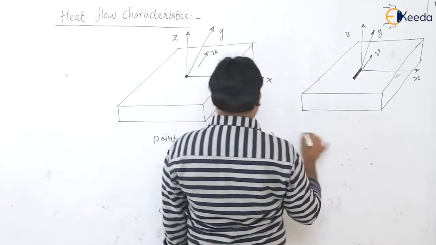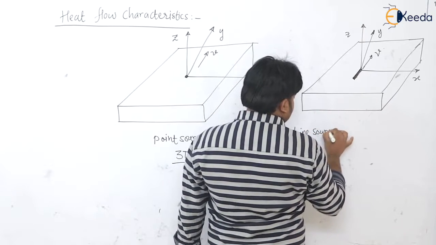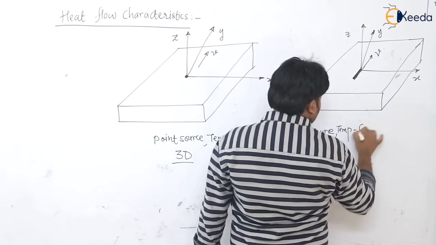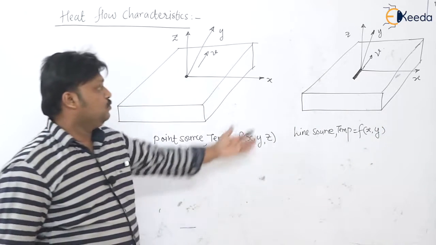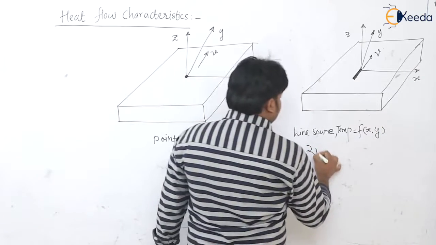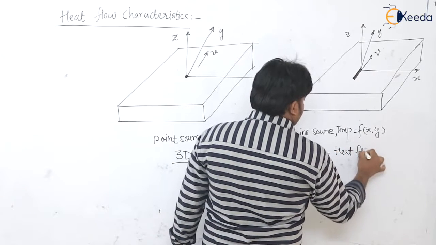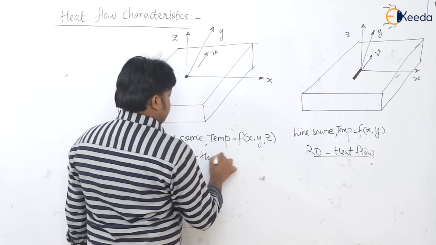V is the velocity. This is the line source, and here the temperature is a function of X and Y only. It is a two-dimensional heat flow, whereas this is three-dimensional heat flow.